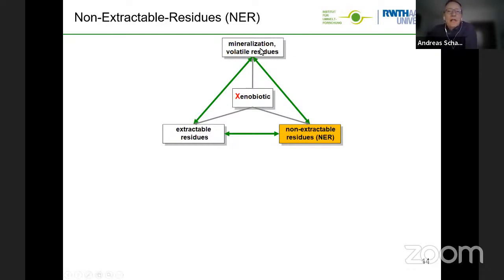Also, mineralized products like carbon dioxide and other volatile residues are formed. And you always observe that a certain amount of the xenobiotic is remaining in the soil, which we call non-extractable residues.